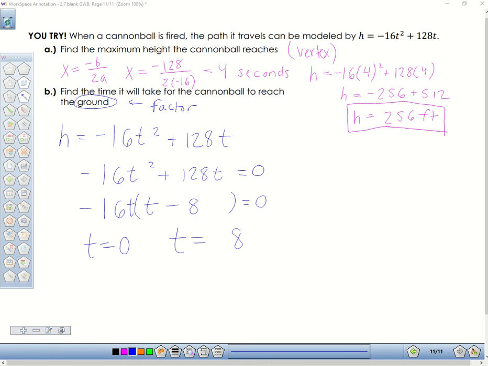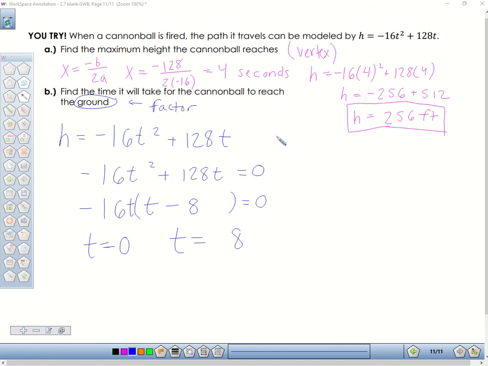Once you have that time, you have a formula in terms of height and time, and you can plug that time in to find the corresponding height. And I get 256. So you always have to plug it back in to get the height. The x-coordinate gives you the time at which the height occurs. The y-coordinate gives you the height. That's how you deal with maximum height.